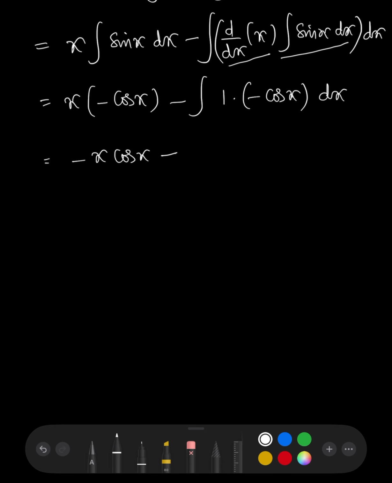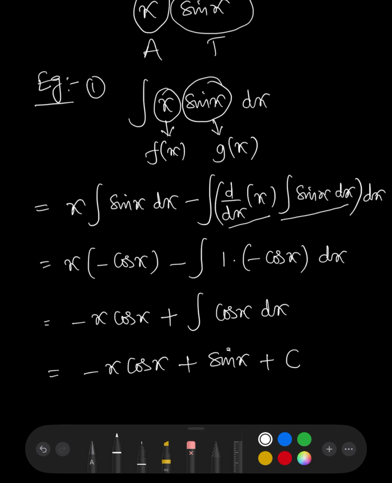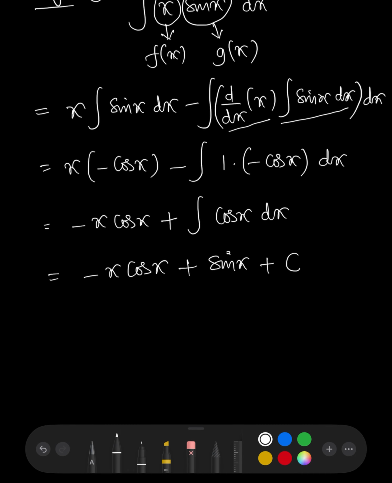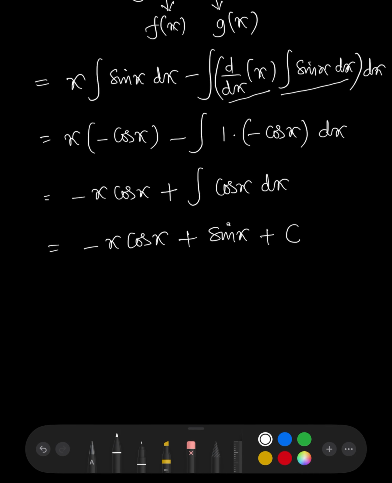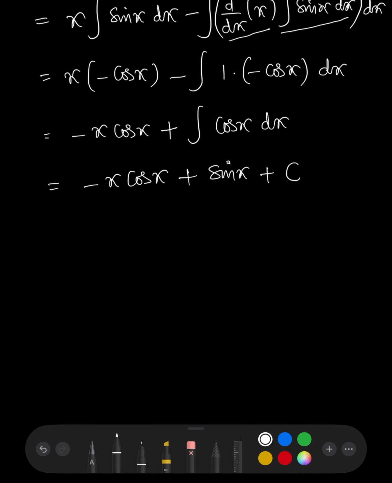Now minus into minus is plus, so we get the integration of cos x dx. This is minus x cos x plus, what is the integration of cos x? Sin x plus c. So the integration of x sin x dx equals minus x cos x plus sin x plus c. Now we can move on to the next question, a different question.